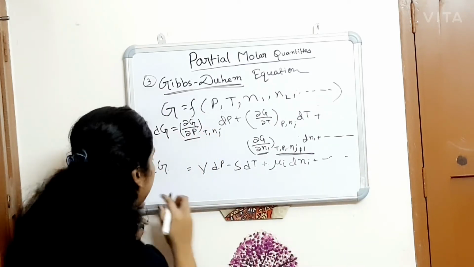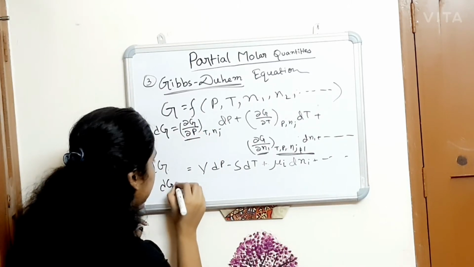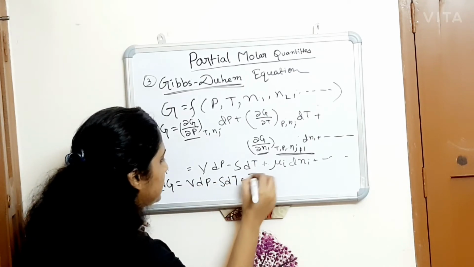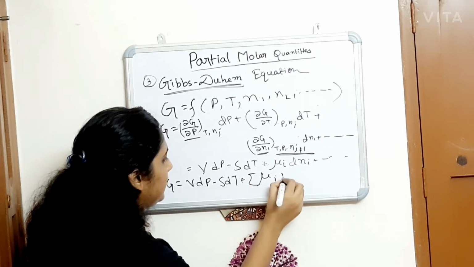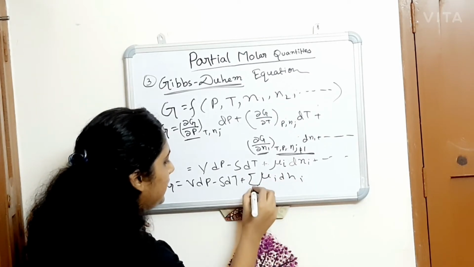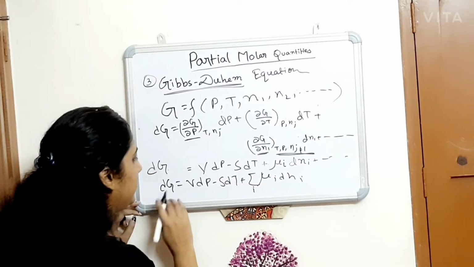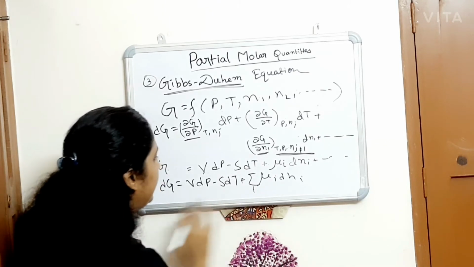So you can write dG is equal to V dP minus S dT plus the summation of mu i dNi, where the summation is over i. So you can write the expression of dG like that.